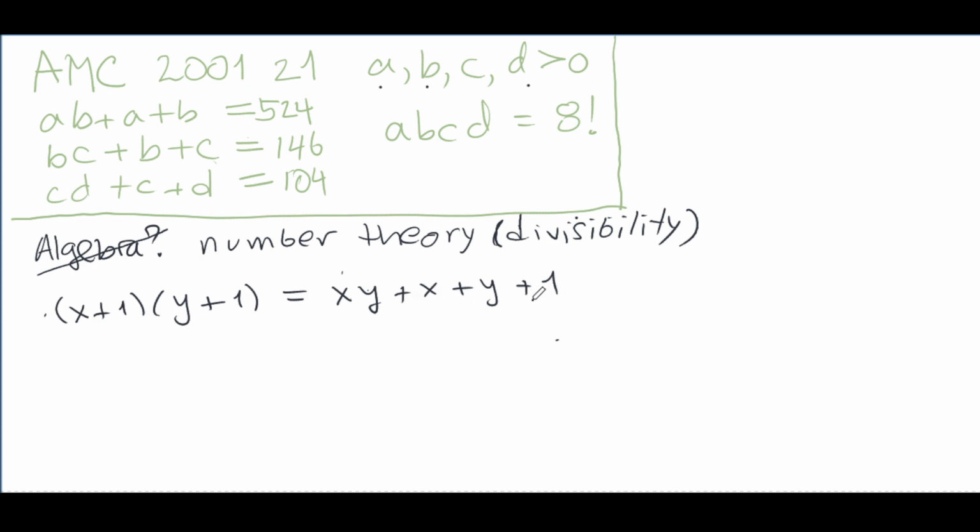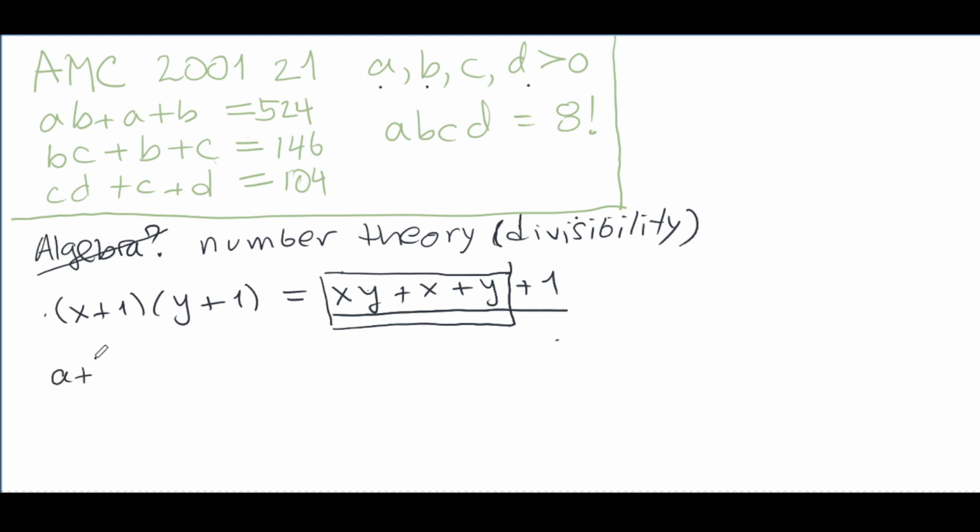So when you see something like this, you know you can factor it that way. But we have something very similar, very close. We have this. Well, it turns out that this is close enough.